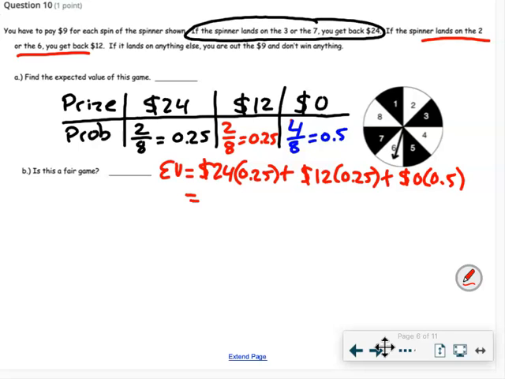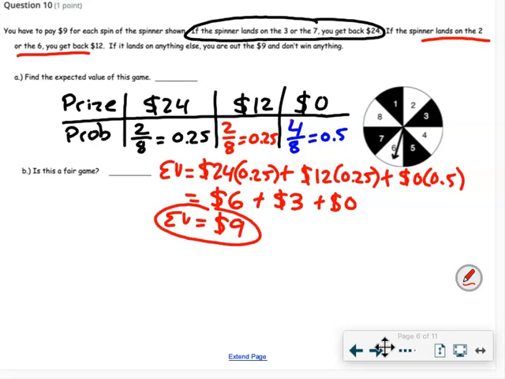So we have 24 times 0.25, that gives $6 even. $12 times 0.25 gives $3 even. 0 times anything gives 0. So this has a total of $9. That's the expected value, the answer to this first question.